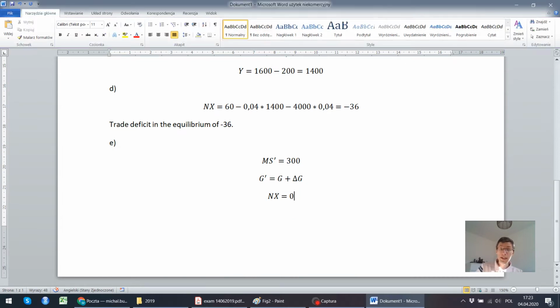All right. So there are two things that are happening in the economy. There is a monetary increase in money supply, so monetary expansion, and there is a change in the fiscal policy. We still don't know whether it's going to be a fiscal contraction or fiscal expansion, but you can have your predictions what should be the case because you have to increase the net exports to the level of zero from the level of minus 36. Okay, cool.